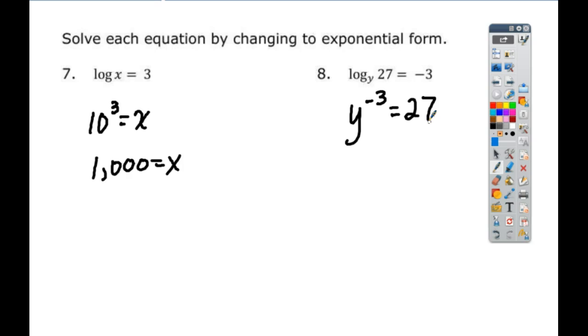I'm going to use the reciprocal, correct? Because I have to get rid of the 3. Well, it's negative 3. So what's the reciprocal of negative 3? But it's negative, right? So we have to do negative 1/3 and 27 to the negative 1/3.